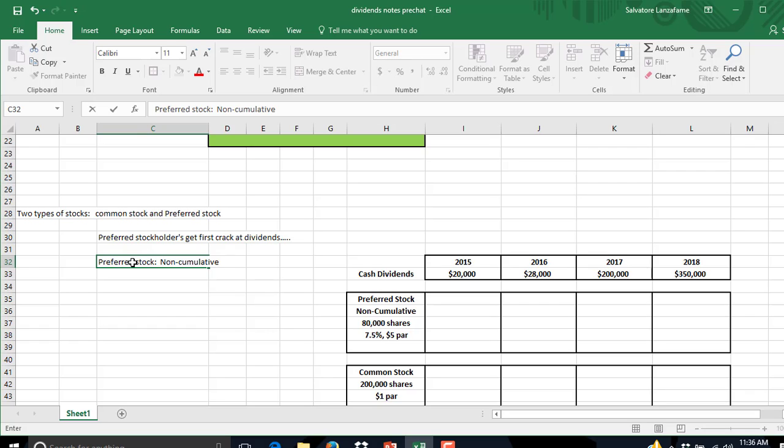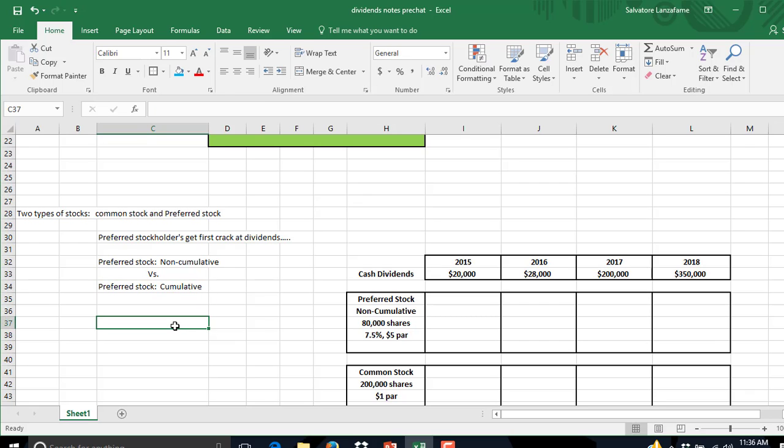So we've got non-cumulative, and we're going to compare that to the preferred stock that is cumulative. If you had your choice of what stock you would prefer, you would pick the cumulative one. You will end up with more money in your pocket if you have cumulative preferred stock versus non-cumulative preferred stock.